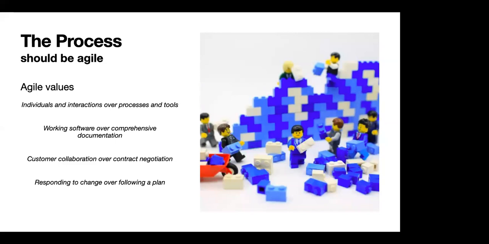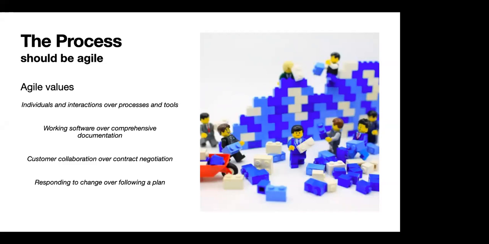What's more important is to interact, to negotiate, to talk, to discuss over using a particular tool and following a strict process. So processes and tools shouldn't be strict; they should be flexible, and more emphasis should be given to individuals and interactions. So people interacting with people, talking, discussing, and coming up with solutions through discussion.